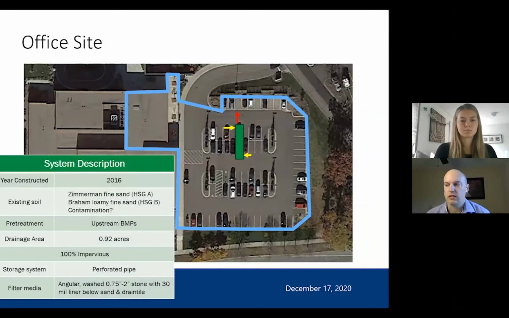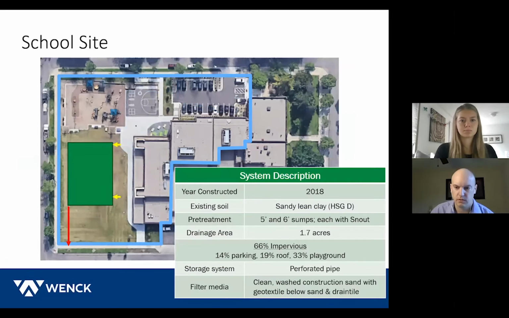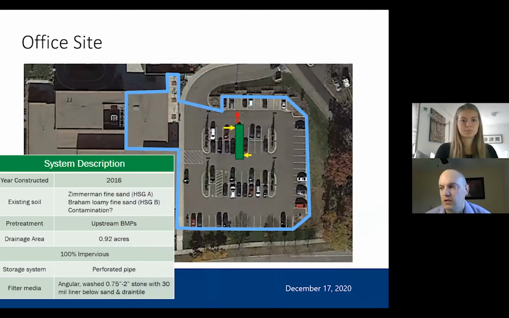Site number 3 is what we call our office site. One thing I forgot here, this is our newest site. So parking lot was oldest, school is newest, constructed in 2018. Office site constructed in 2016.